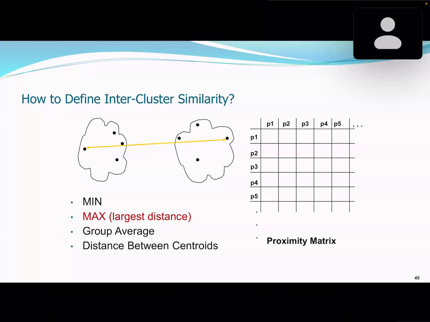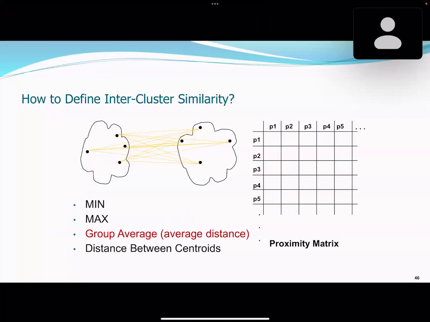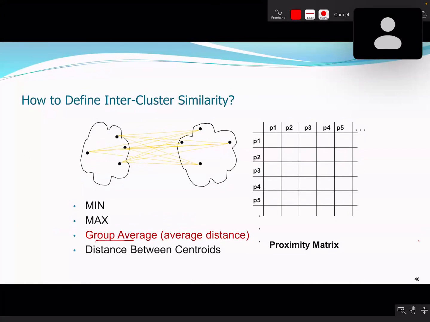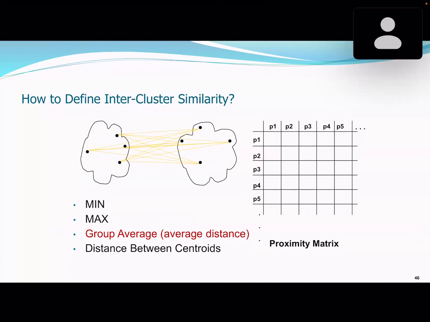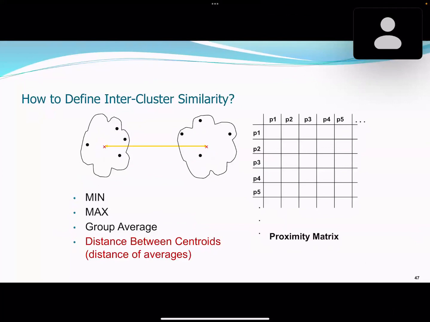Okay. And the other two are also quite intuitive. The third one is called group average. We measure the distances of all the pairs of objects from C1 and C2, and then we compute an average. And finally, we have distance between centroids, or distance between averages.